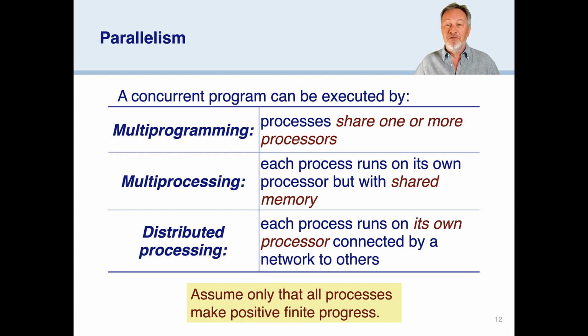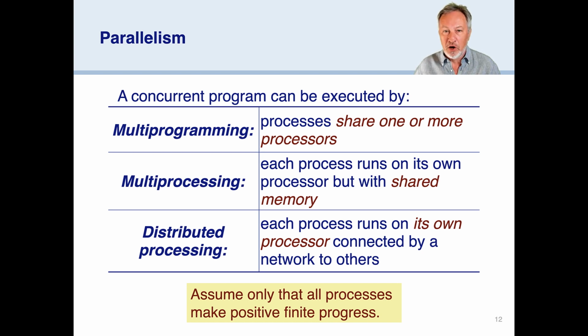For the purposes of this course, we're not so much interested in parallelism. We're interested in how concurrent programs are organized and how to reason about them. But we're not particularly interested in the question of whether these processes are distributed, whether they're running on multiple CPUs, whether they're connected by a network or not.